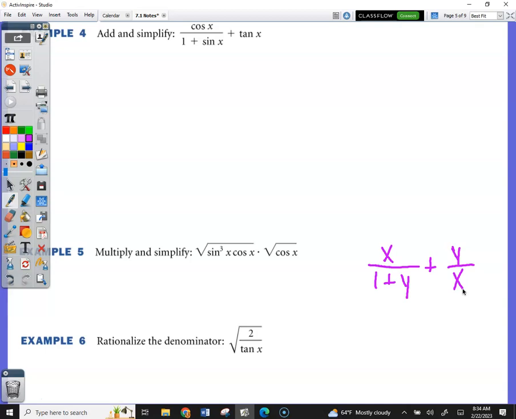That would be insane. You do, however, have to understand that if I'm going to add or subtract to one fraction, then I do have to account for the denominator. So like the first fraction already has a denominator. It's 1 plus sine. The second part, as of right now, is not a fraction. It's just tan.